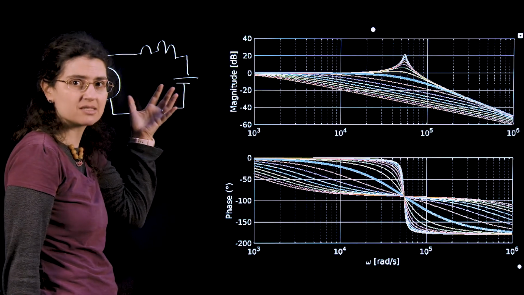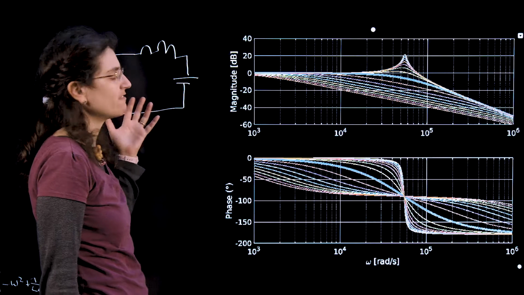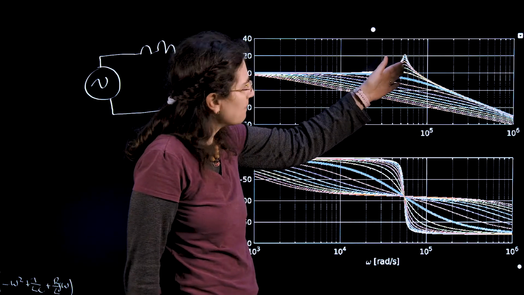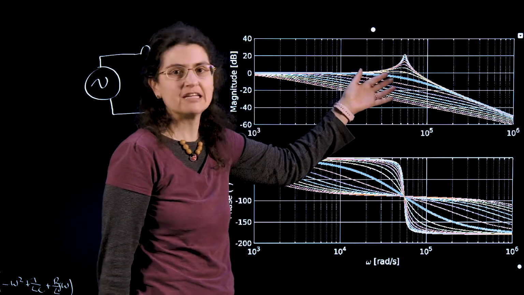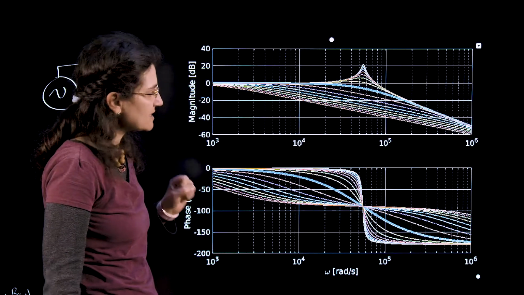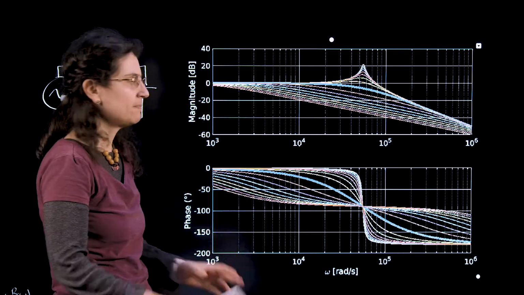So I have some resistance somewhere, and therefore my damping factor can never be 0, and therefore my resonance can never be infinity.